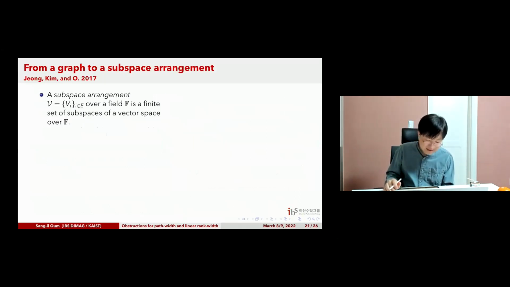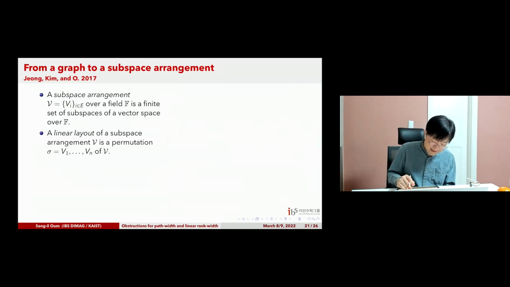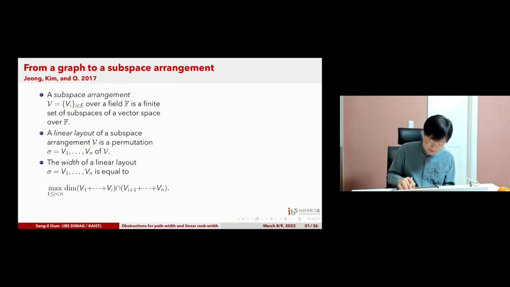And here's a canonical transformation from graphs to something called a subspace arrangement. This is just a collection of subspaces. And the linear layout, I can define a linear layout of this collection as a permutation of these subspaces. We can also define the path width of this collection.